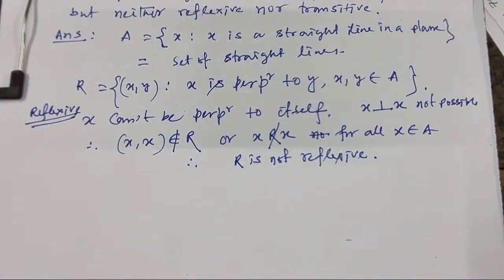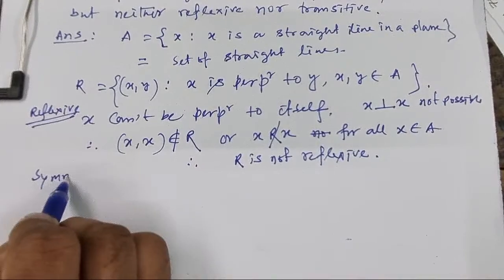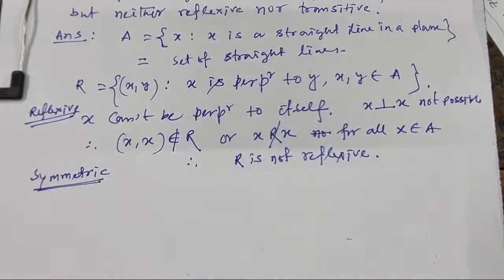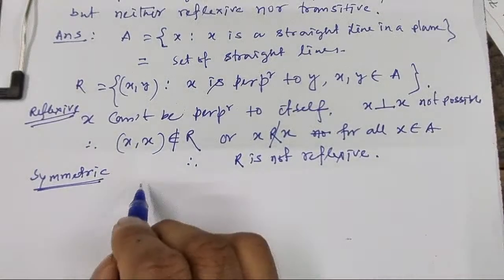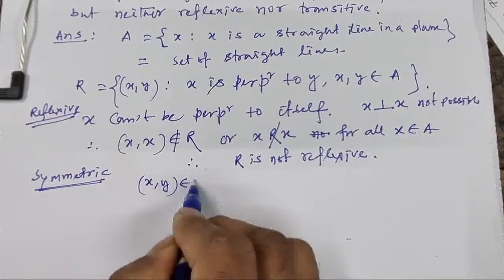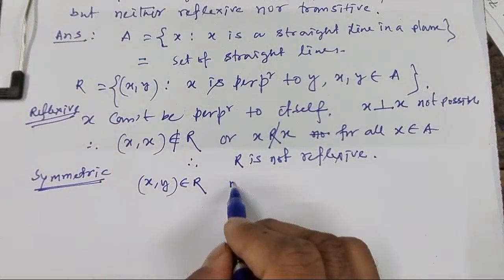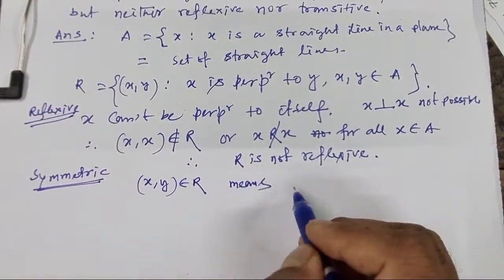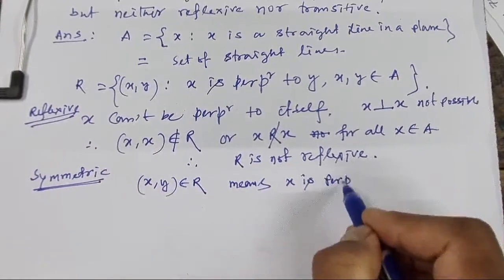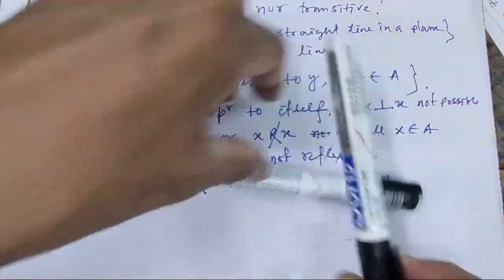Now next we do here symmetric case. What is the symmetric case here? (x, y) belongs to R means what? Means x is perpendicular to y, like this.